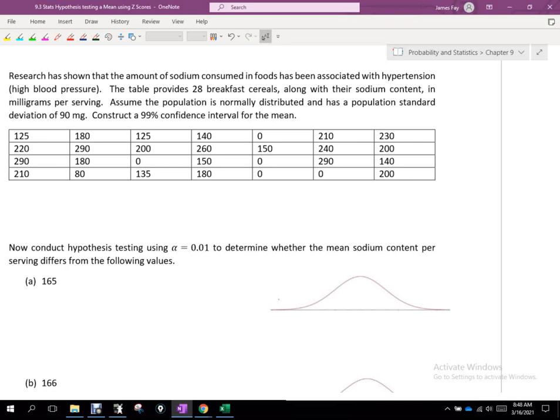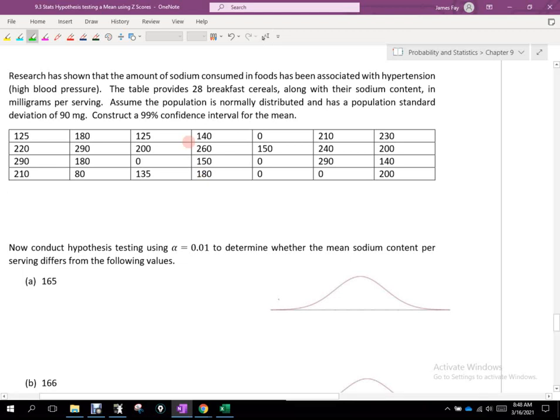So the table provides 28 breakfast cereals along with their sodium content, okay? Sodium, salt, right? It says in milligrams per serving. Assume the population is normally distributed and has a population standard deviation of 90 milligrams. Construct a 99% confidence interval for the mean.